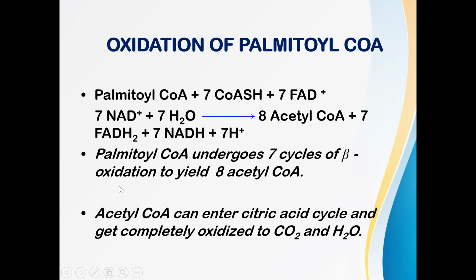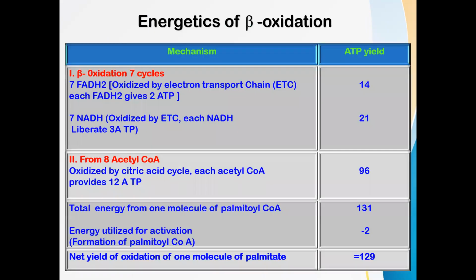The acetyl CoA formed here can enter the citric acid cycle and get completely oxidized. You all know the end products of the TCA cycle: when acetyl CoA is completely oxidized by the TCA cycle, it is oxidized to carbon dioxide and water.